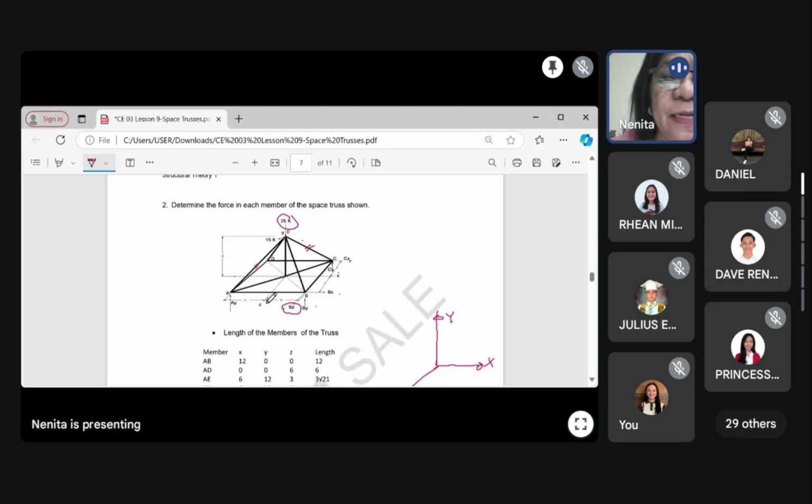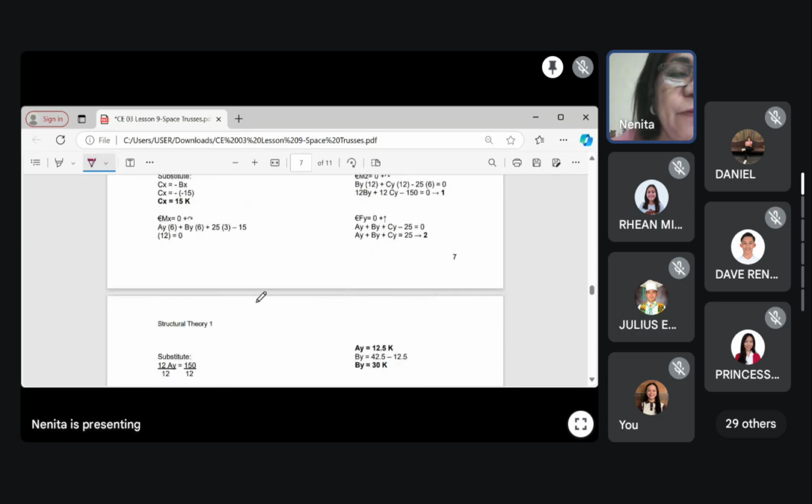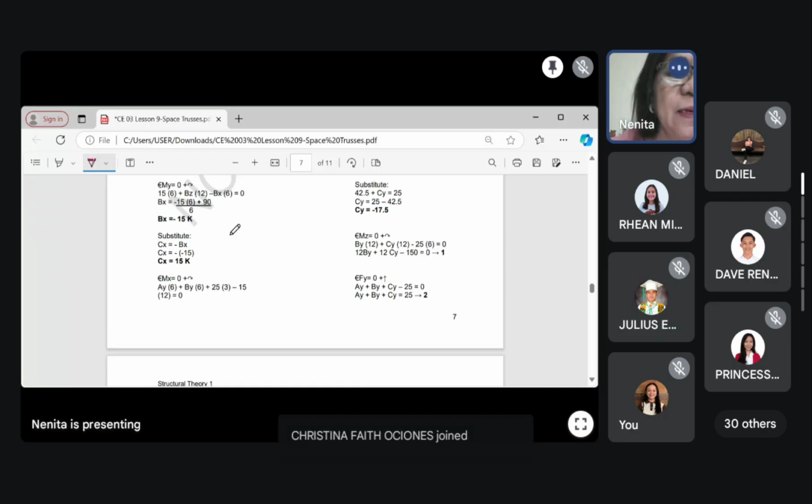And then, so therefore, you can observe hindi natin consider ang ating bx at ang ating cx kasi that is along the x. And we are considering the x-axis. So therefore, makonsider siya na 0 moment arm. Kaya ang ating sa x, makonsider natin ay ang y at saka yung ating z.